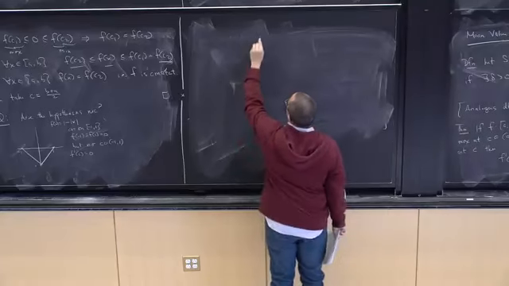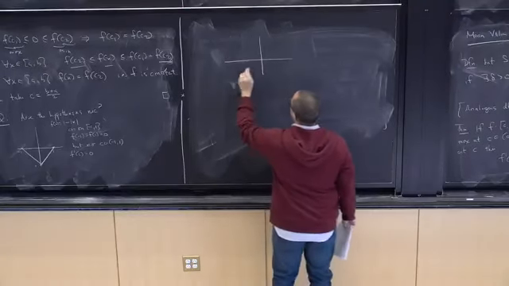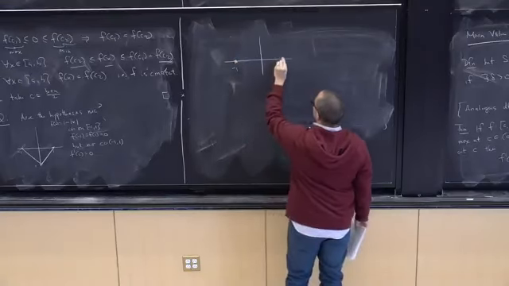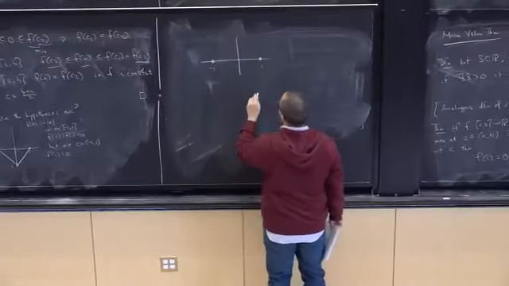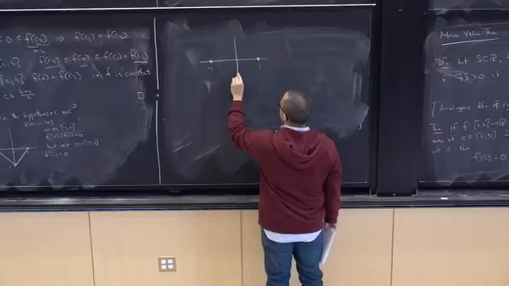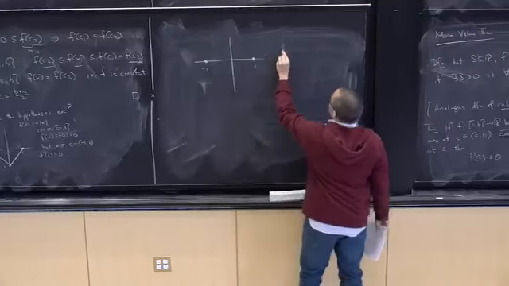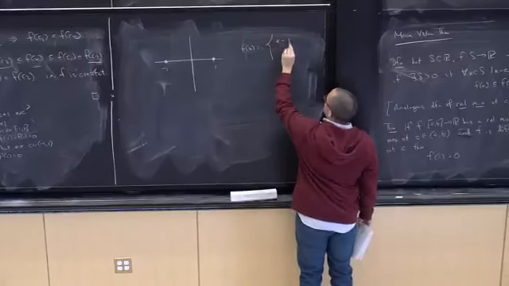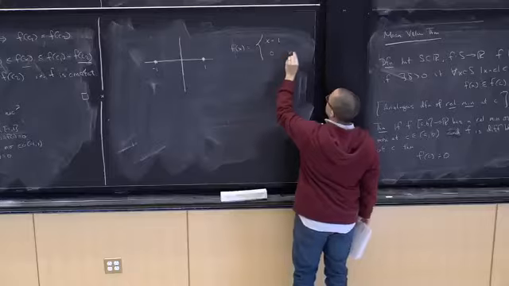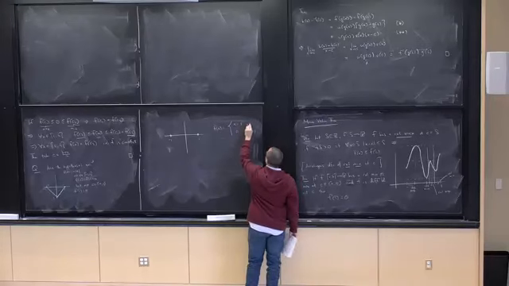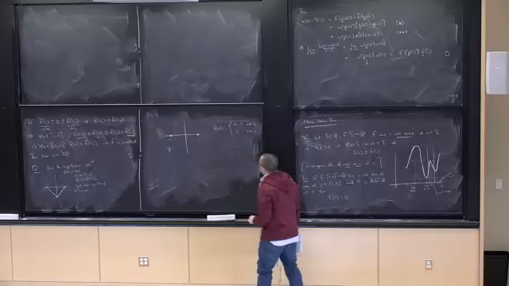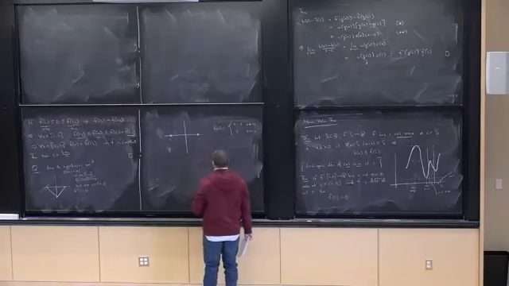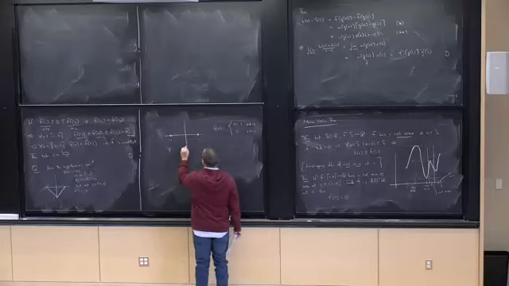Let's take the function that's x minus 1 for x not equal to minus 1 and 0 for x equal to minus 1. So what does this function look like?